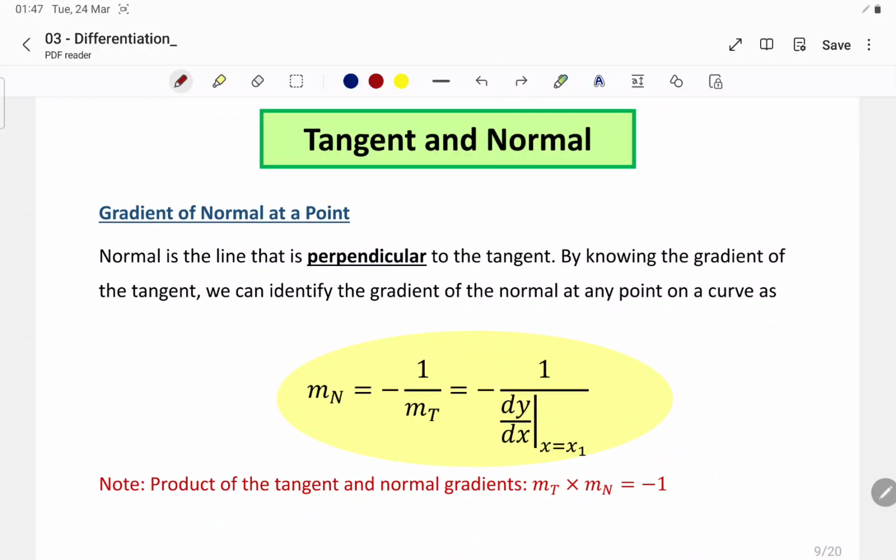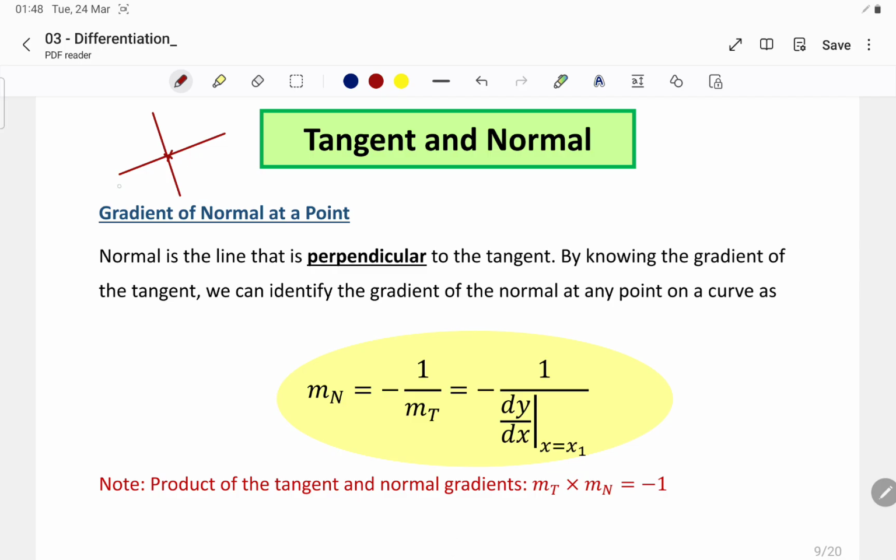Once you get that, we go through the next one, where we can also find the gradient of normal at your point just now. So we have a tangent, right? Let's say here is a point, but then here we have a normal.